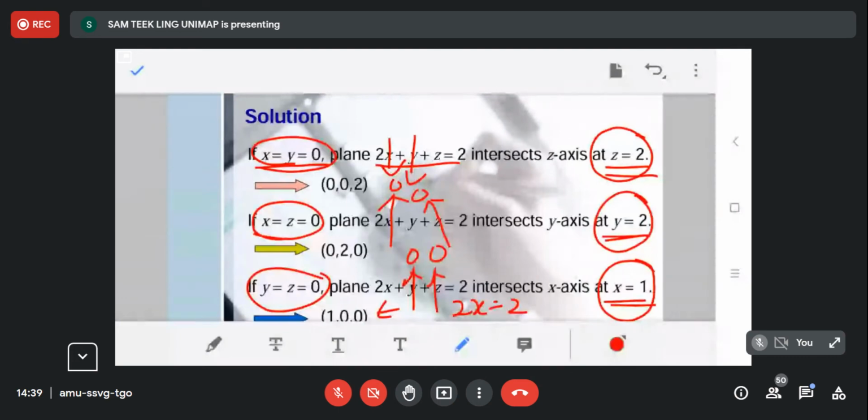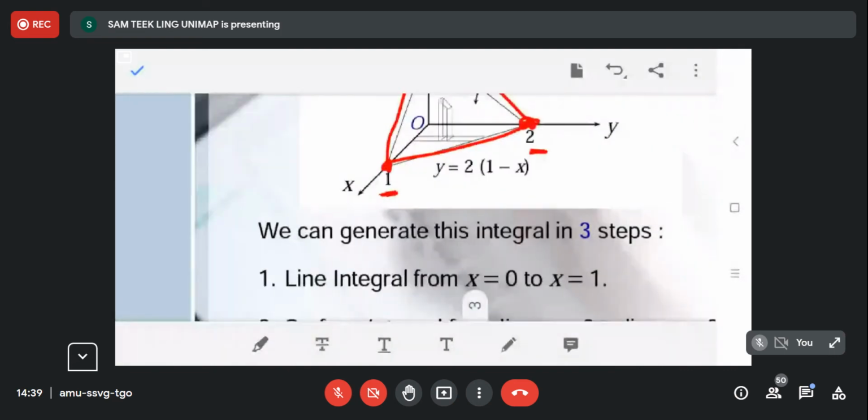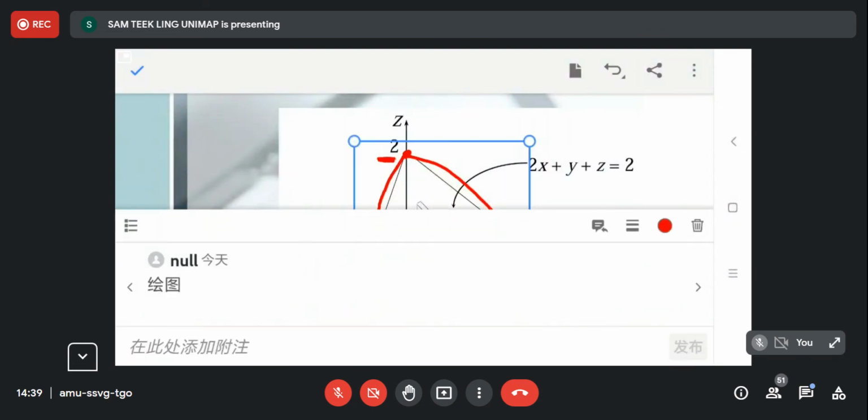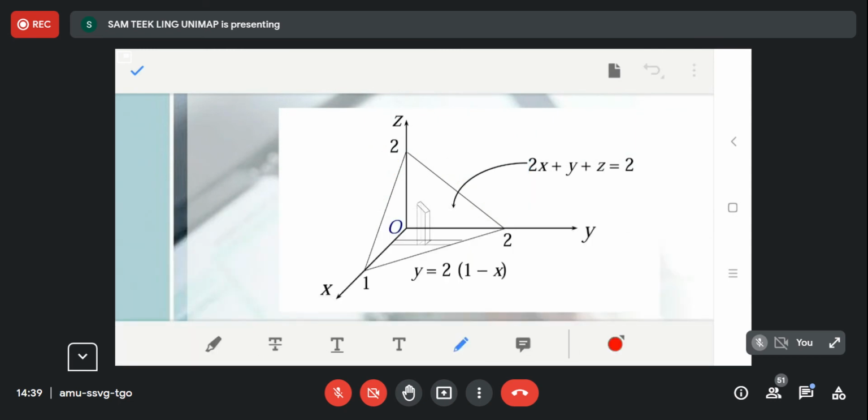So z axis is 2, y axis is 2, x axis is 1. Now you got 1, 2, 2. So first step, write up the axis values. After this, you connect the points, and you will get the tetrahedron. So how to sketch? Got problem or not?